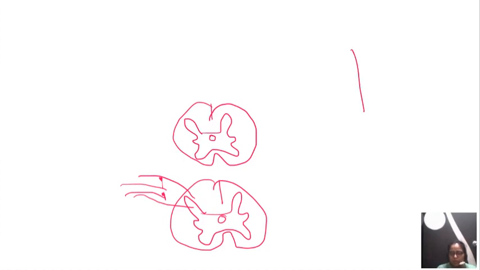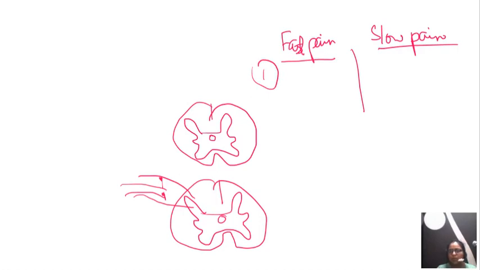I just have to tell you the difference between fast pain and slow pain. If I ask you whether pinprick pain is a fast pain or a slow pain, it's a fast pain. Very good.